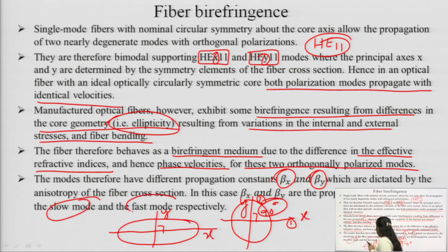So, for circular symmetry it is okay, but when it gets elliptical symmetry due to various reasons which occur in the manufacturing process, the fiber properties get distorted, and now we have two modes having different propagation constants beta x and beta y. Due to different phase velocity, refractive index and various other parameters, one mode is now the fastest and one is the slowest.